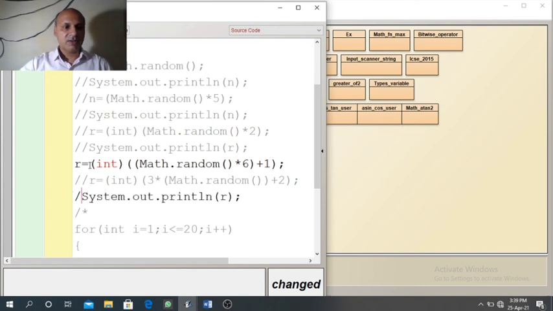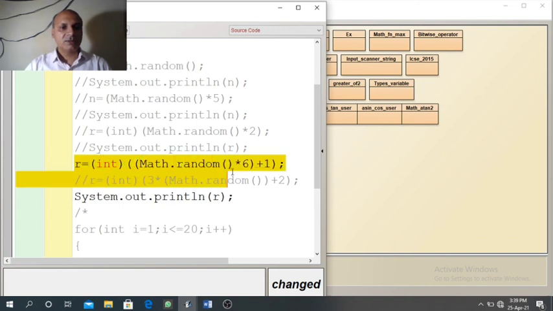So answer will be from 1 to 6, any one number can appear. Now focus on these three statements. Variable r is declared integer type. Now our objective is to get any integer number from 1 to 6. So 1 is the lower limit, 6 is the upper limit.